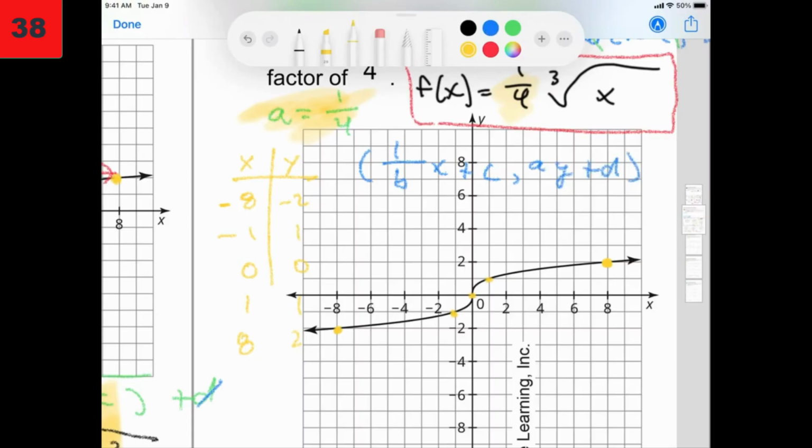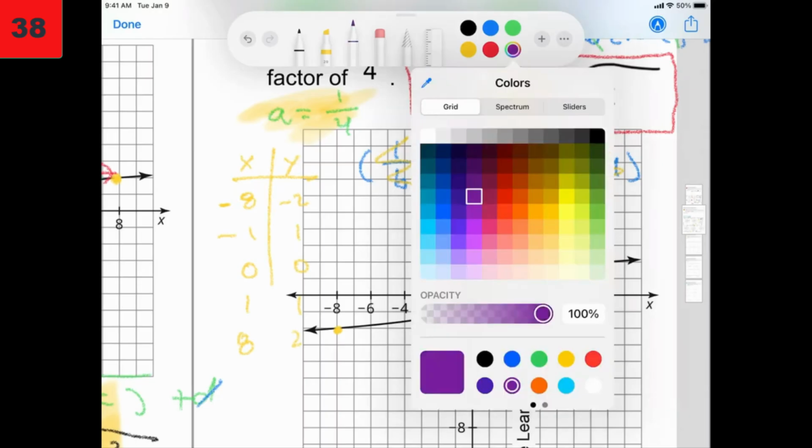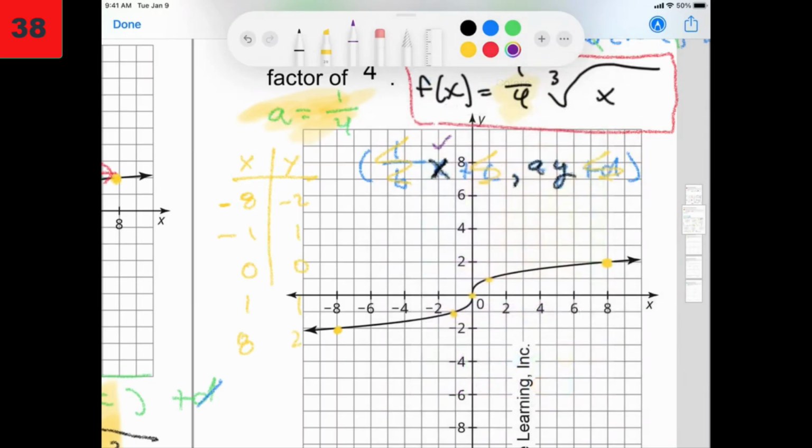And remember, we only needed the A value, so I don't need this, I don't need that. So essentially all you need is just x and then A times y. It means that the x values are going to stay the same. What's going to change is you're going to multiply A times y. So essentially we're going to multiply all these numbers by 1/4.